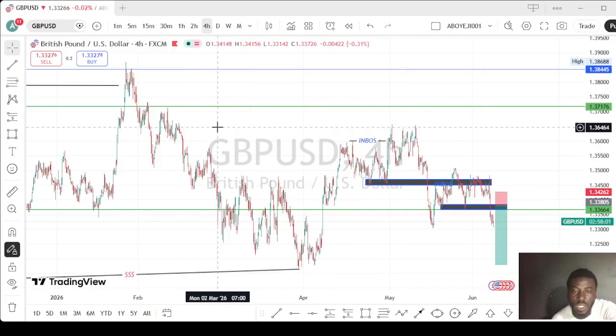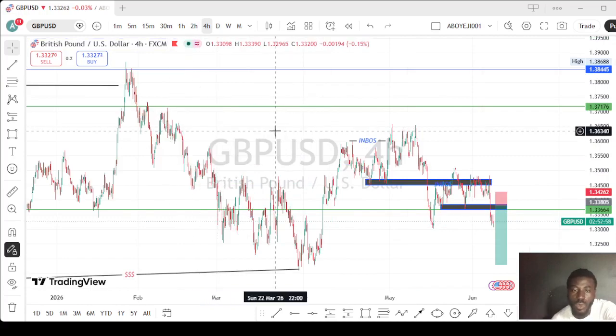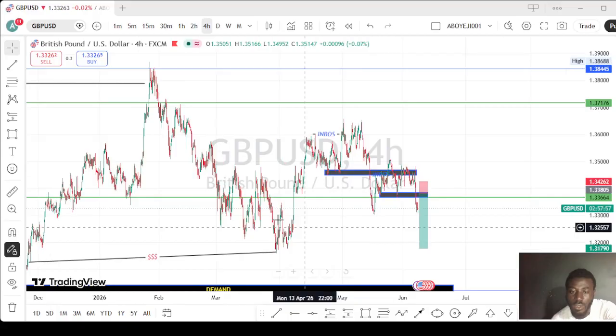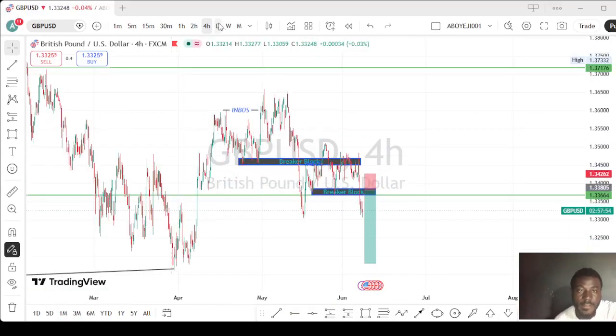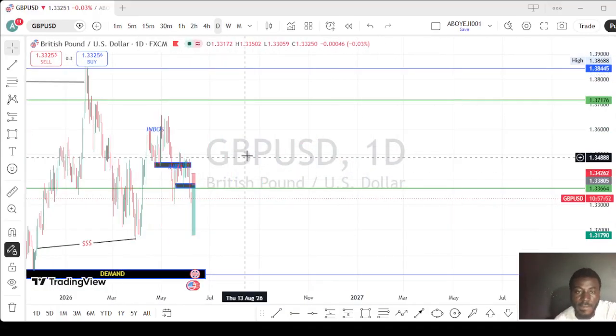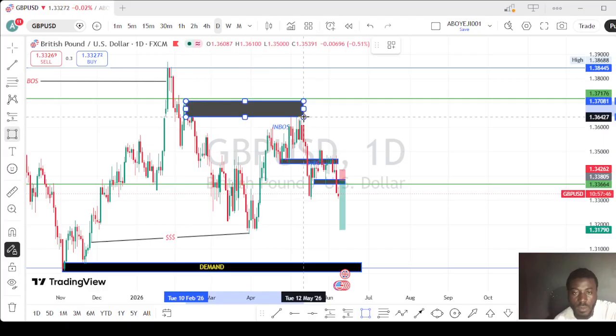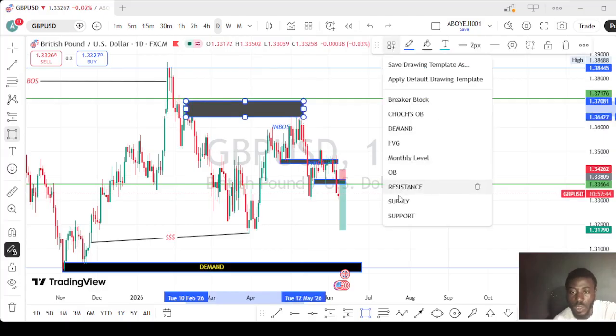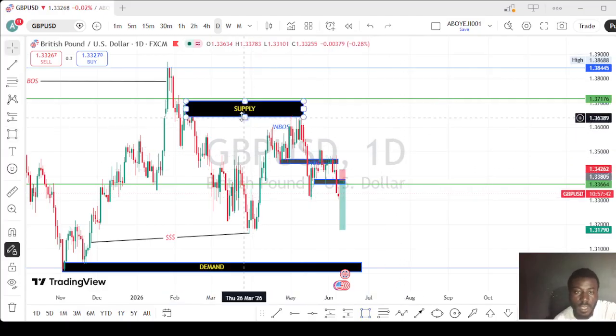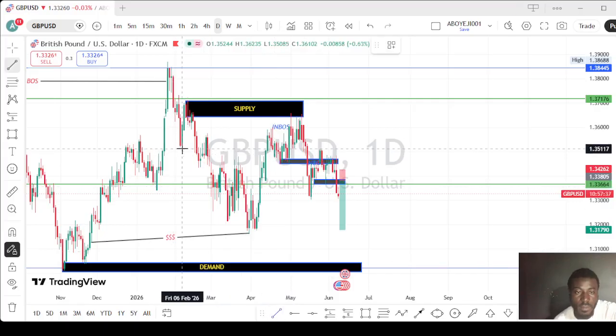This is the supply that pushed the market down. And our demand is in a downtrend. You can see this is the supply on daily time frame. This is the supply that's pushing the market down. As it's trying to push the market down, you can see the supply, because this is the last break of structure on daily time frame.